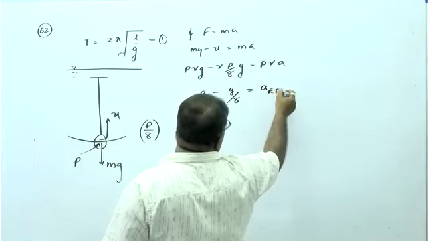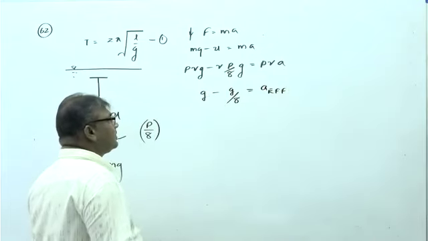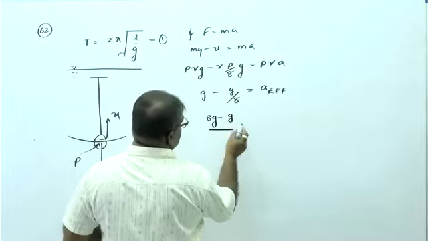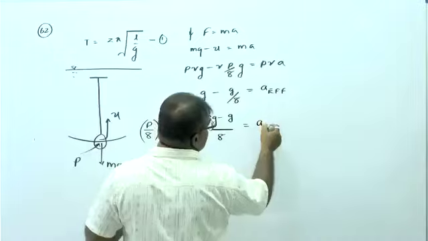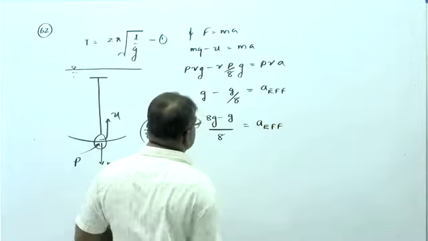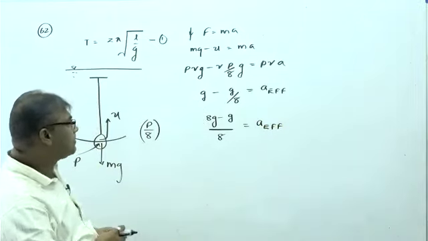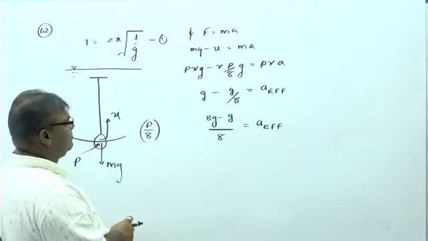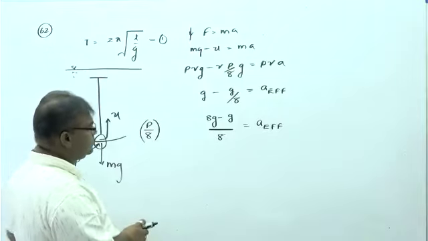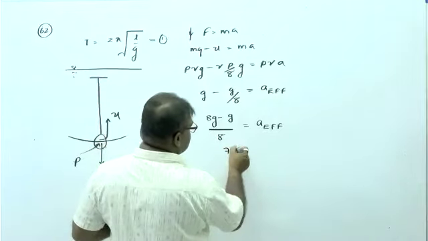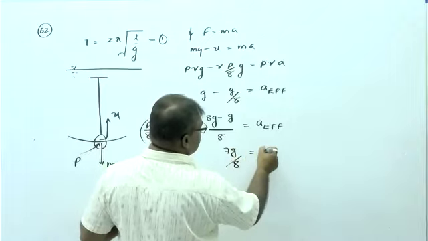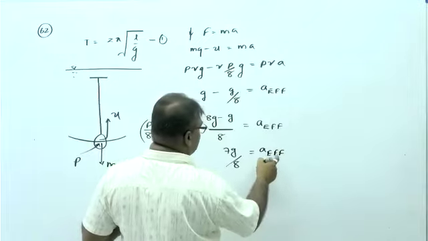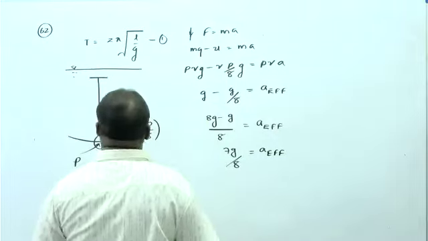This is called the effective gravitational acceleration. 8g minus g divided by 8 is the effective acceleration. It's 7g divided by 8 is the effective acceleration. This is the effective gravitational acceleration.